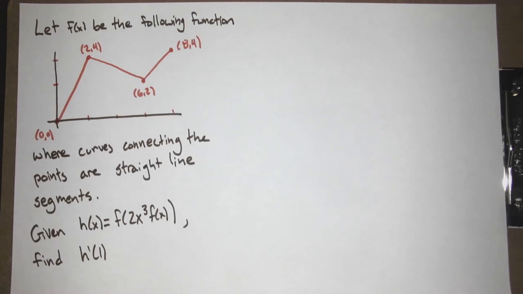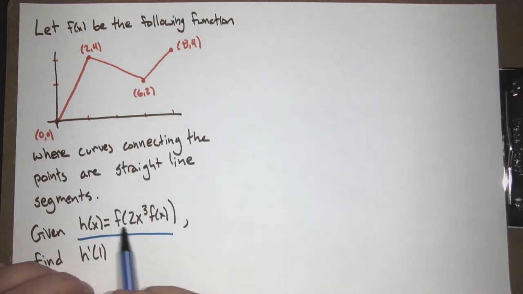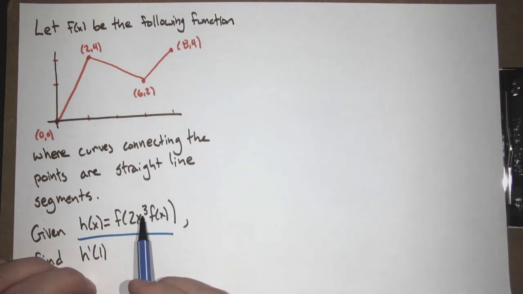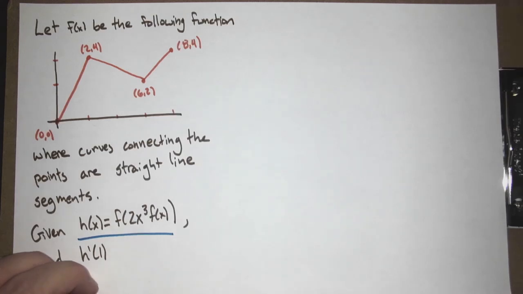Well, let's take a derivative. Okay, so we're going to take the derivative here of h of x. What rules do we need? Yeah. We need the product rule and the chain rule. Now, which one's going to come first? What's our outermost rule? The chain rule. Because we have this function with this inside part, and it's the inside part that's the product rule.